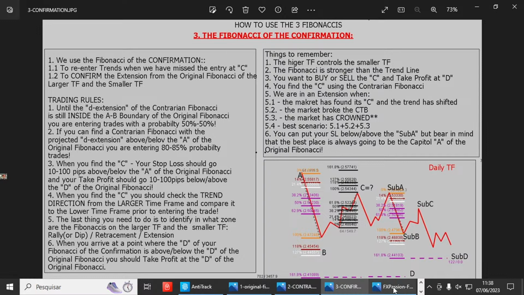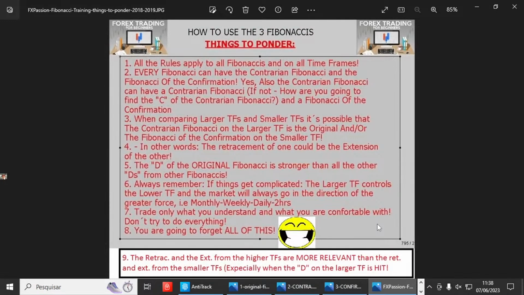Alright, and one more. Now you have how to use the 3 Fibonaccis. Number 1, all rules apply to all Fibonaccis and all time frames. Number 2, every Fibonacci can have the contrarian and the Fibonacci of the confirmation. Yes, also the contrarian Fibonacci can have a contrarian Fibonacci.